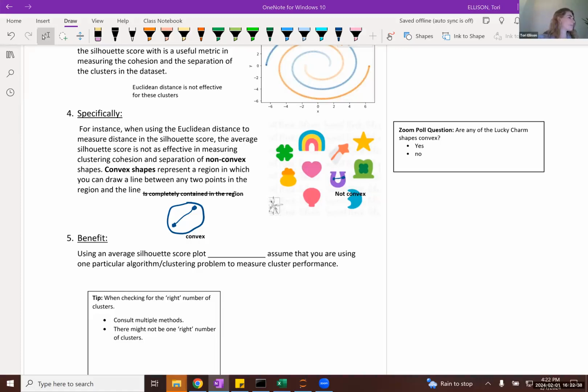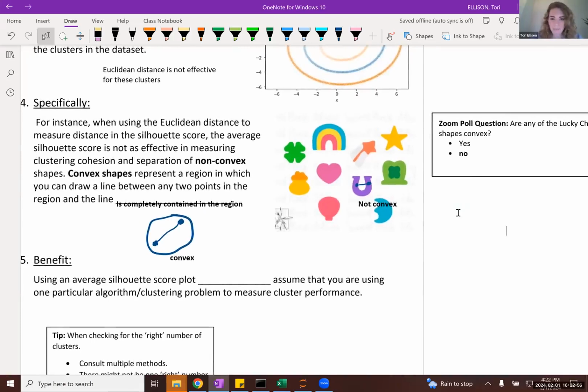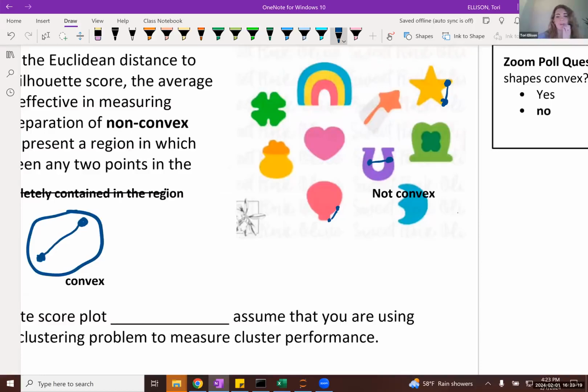Okay, I'm seeing a majority of responses for no. And actually, I was very pleased to determine that none of the Lucky Charms are convex shapes. I love using this whenever I talk about convex shapes. For every single one of these shapes, there exist 2 points such that when you draw a line between them, at least one part of that line will go outside of the shape. Exactly. The balloon looks kind of close to convex, but not quite. If you draw these 2 points here, the line goes outside of the shape.